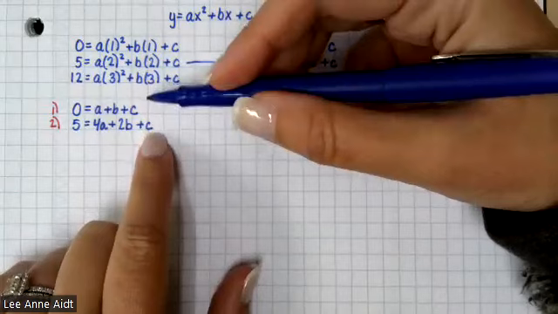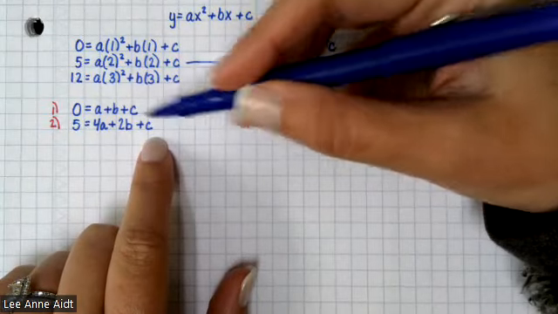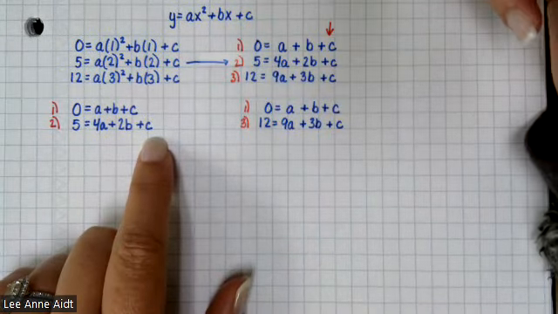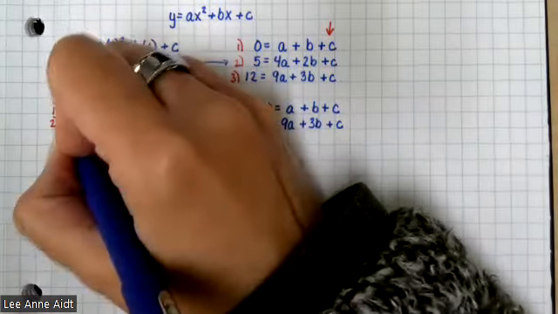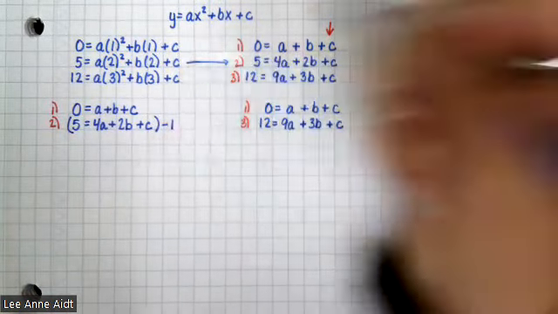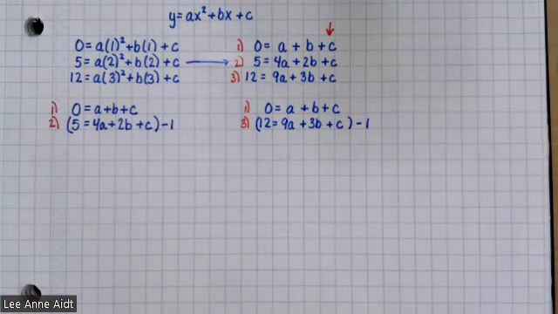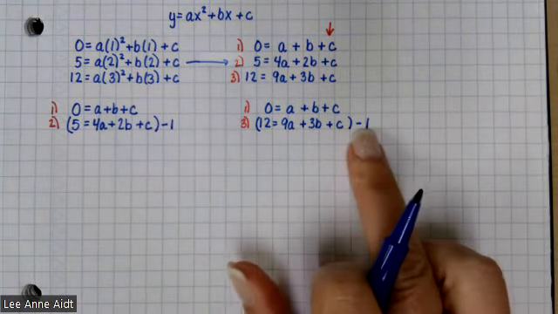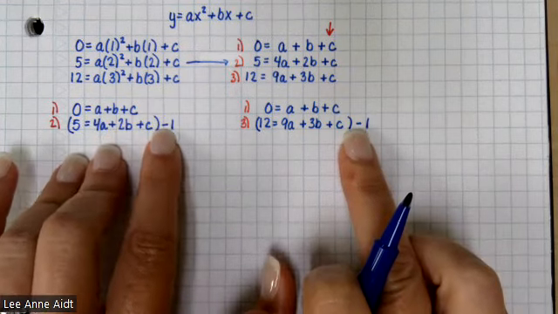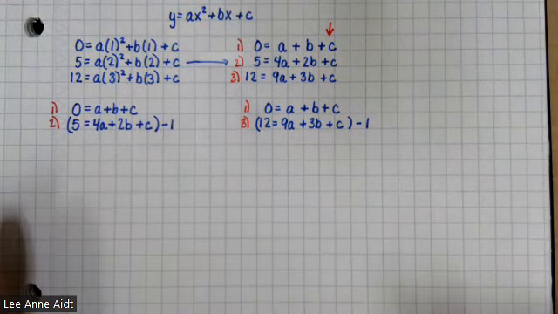Okay, to eliminate the C's, what do we do if they're both the same sign? Yeah, so I'm going to take this bottom one here and multiply that by -1. And I'm going to take this bottom one here and multiply that by -1. Make sure that you understand this is not -1. This is multiplication by -1.